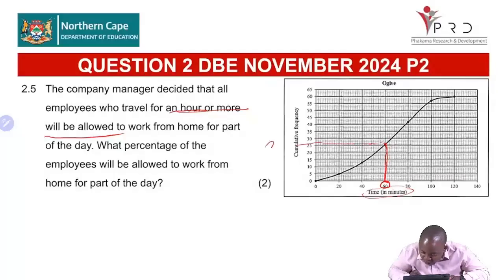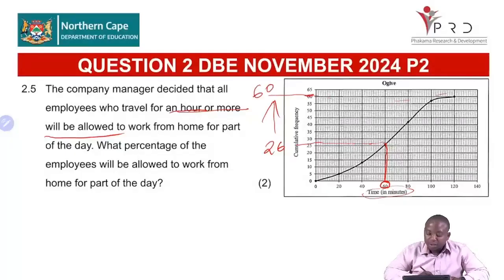So it's from that 26, right? Those who travel an hour or more is from 26. So this is more than an hour. All of this is from 1 hour to 120. So these ones that are here from 26 to 60 will be able to work from home.